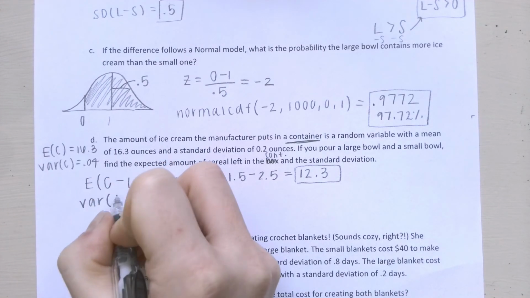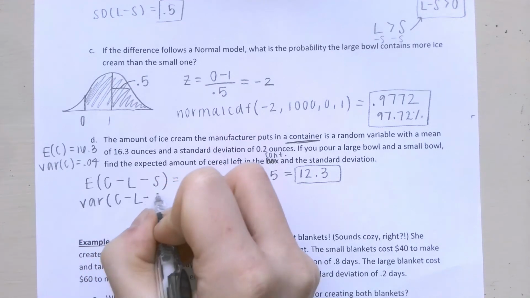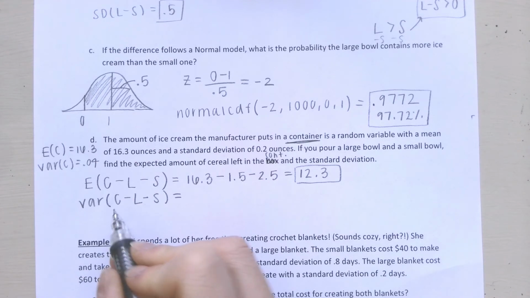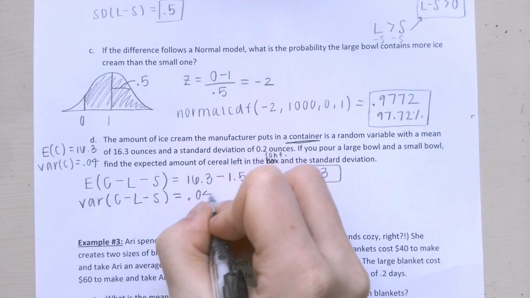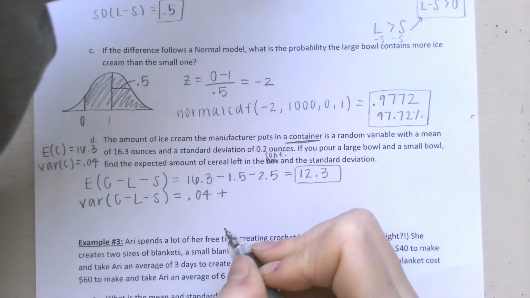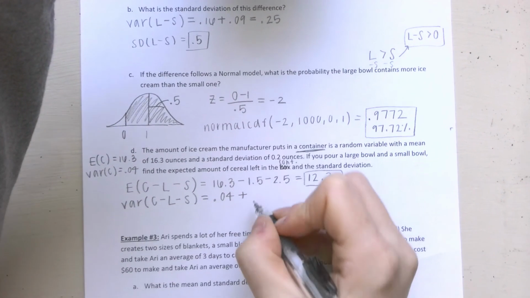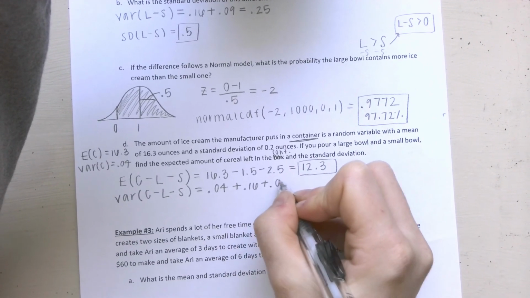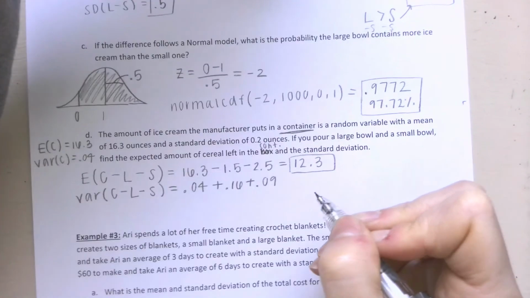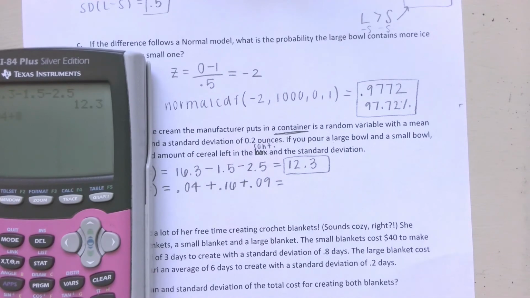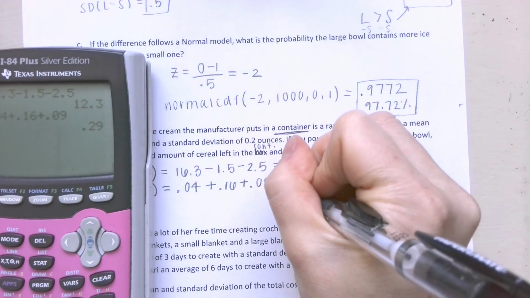Variance, again, I'm looking for the container minus large minus small, but remember that variances always add. So I'm going to take the variance for that container, add it to the variance of the large, 0.16, and the small, 0.09, and if you add those in a different order, that's totally fine. We're just adding, so order doesn't matter here. So I get 0.29 as my variance.